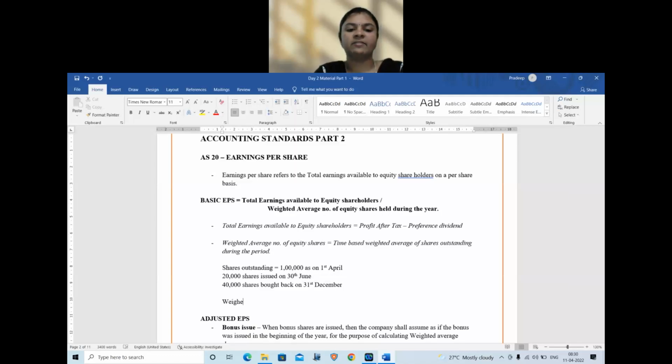So calculate the weighted average shares.